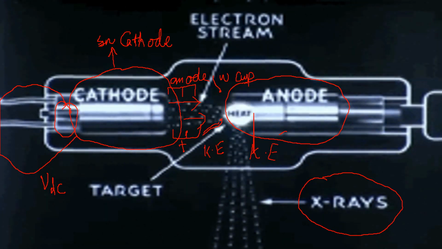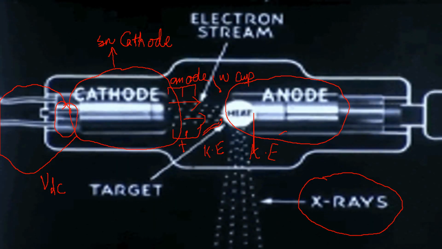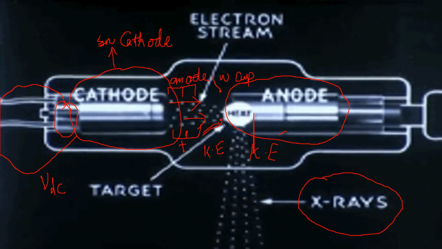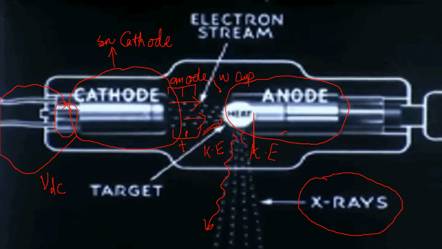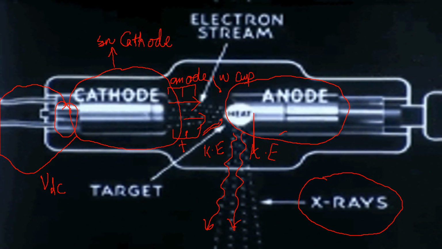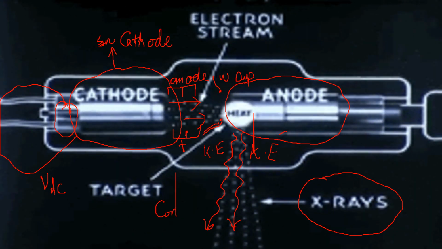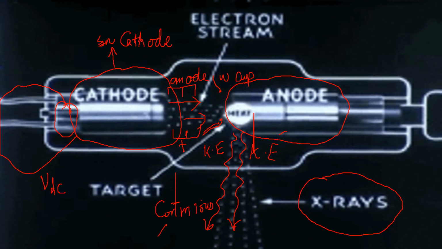So this means that the kinetic energy is basically decreased, and that de-accelerated kinetic energy will be conserved and will result in the emission of electromagnetic radiation, and this electromagnetic radiation is known as continuous X-rays.